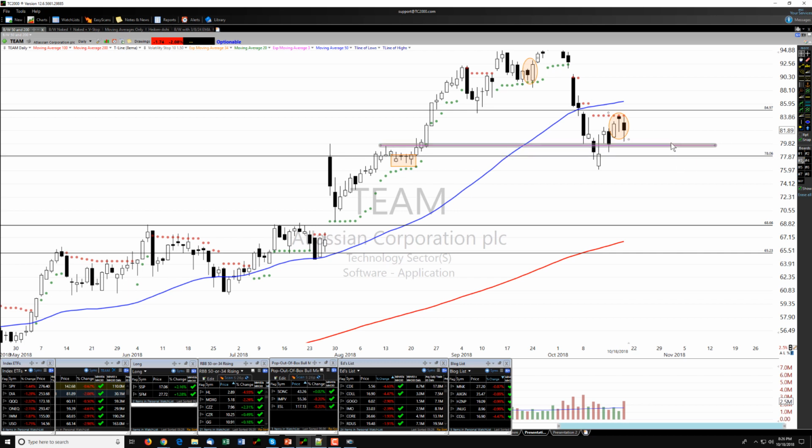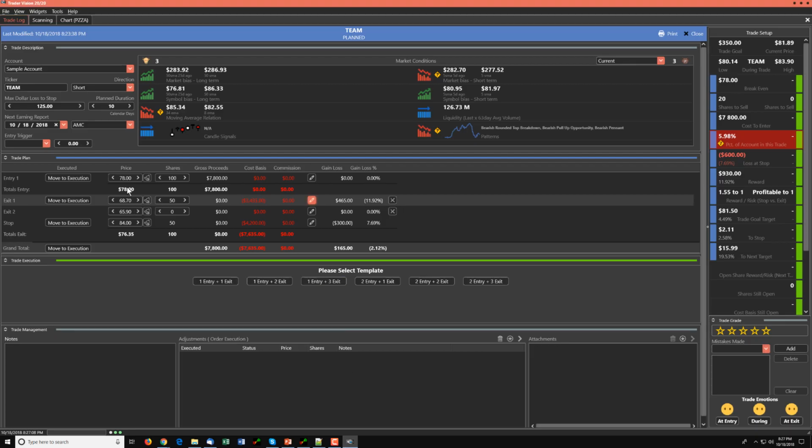This line's at 79.60, so let's just move it up. Let's call it 80 bucks. So that would be a stop of only 80 bucks. That's going to work a lot better, I think. Boy, howdy, that'll work better.